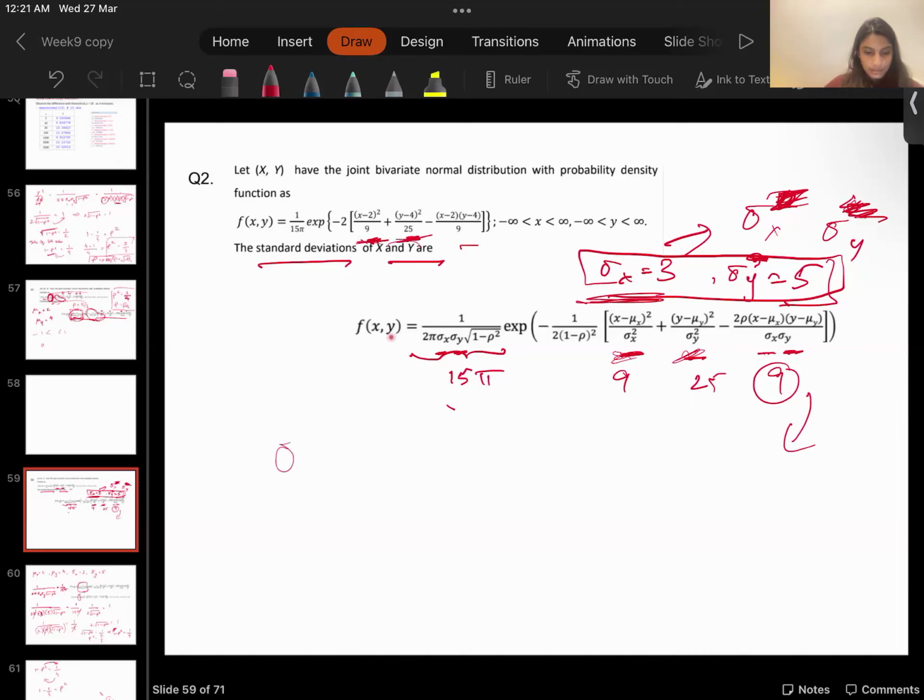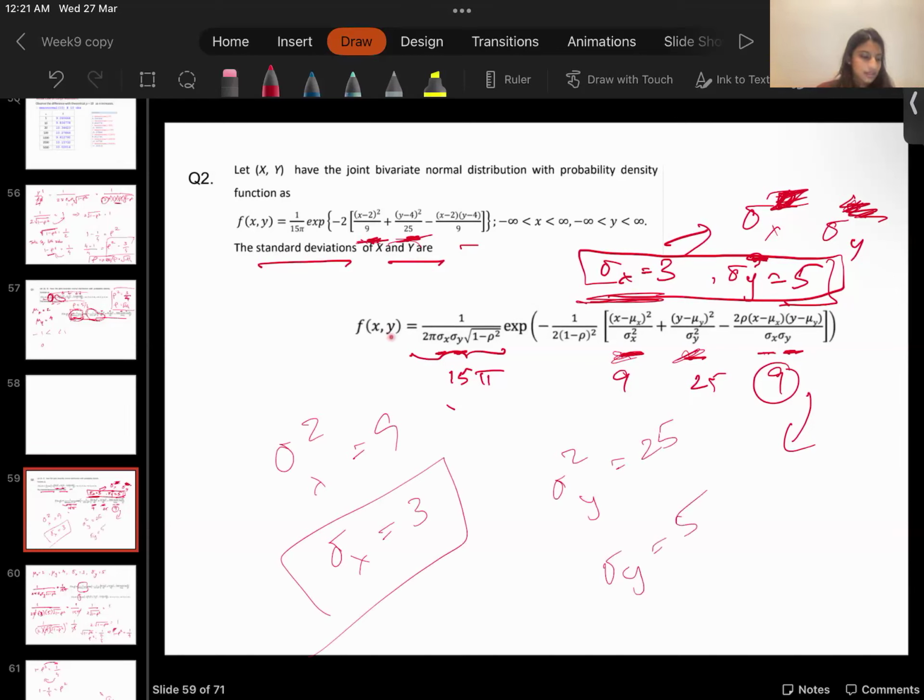Sigma square x is equal to 9, so sigma x would be 3. This is your standard deviation of x. Similarly, sigma square y is 25, so sigma y is equal to 5. That answers the problem.